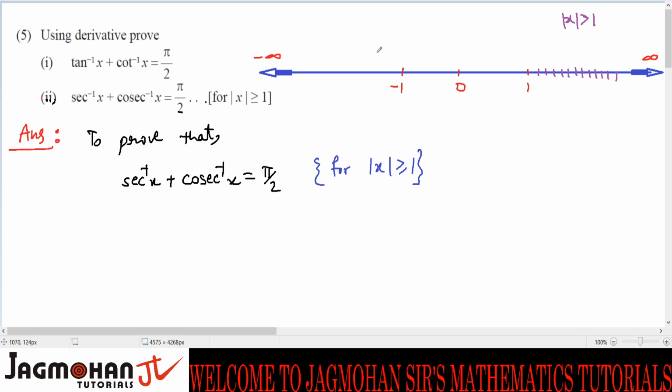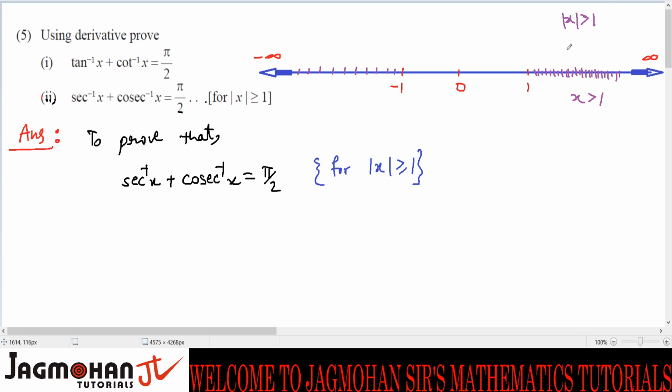If x is taking all these values, what did I say? I said that x is greater than 1. Now if x is greater than 1, mod of x is also greater than 1.